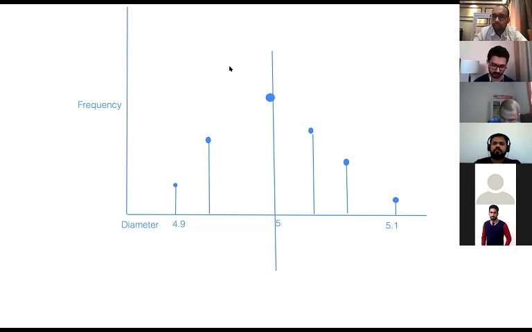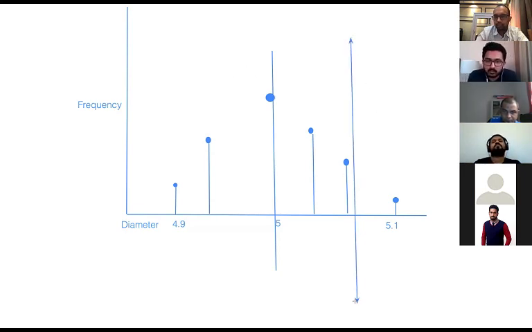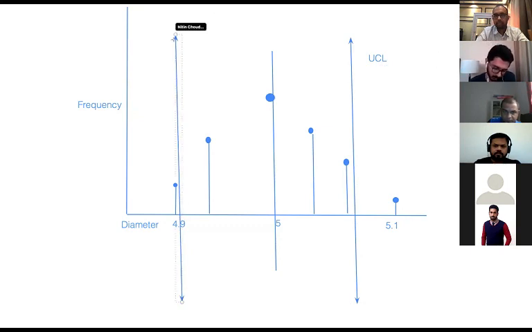Okay, what is meant by upper control limit? It is the upper limit which is acceptable. For example, I establish an upper control limit here. And then I establish a lower control limit here.